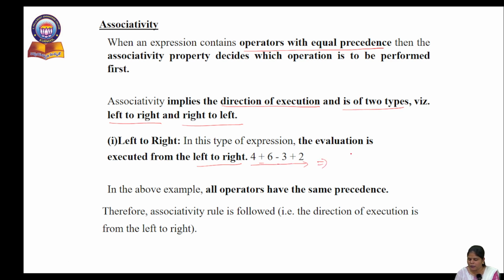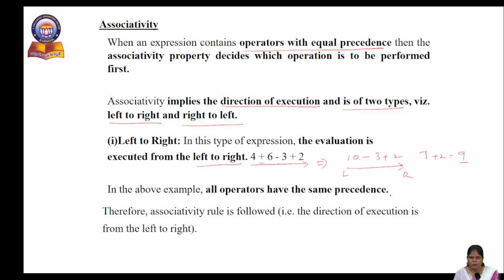So first plus 10 will be evaluated, and then minus 3 plus 2. Again it goes left to right. This is left and this is right. 10 minus 3 is 7, plus 2, that means we get the output as 9. Right? All the operators in the above expression have the same precedence, so we follow the associativity, which is left to right.